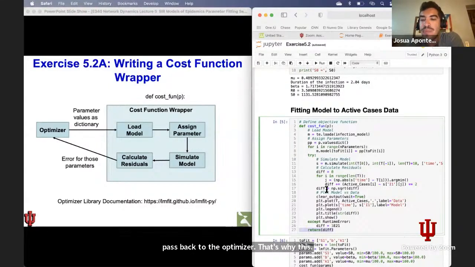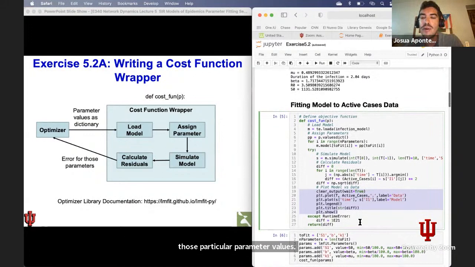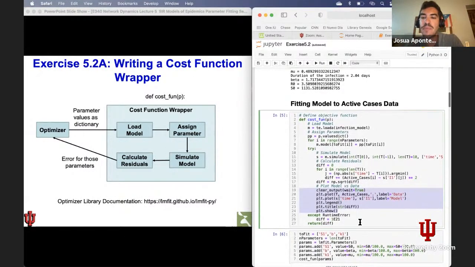Notice that this part of the code I used so it can plot. So every time the optimizer passes a parameter value, you can see what the model prediction is for those particular parameter values. So it's a way of seeing how far you are from the model prediction.